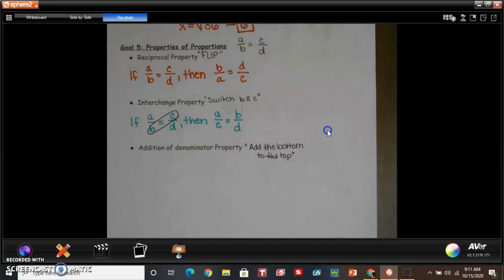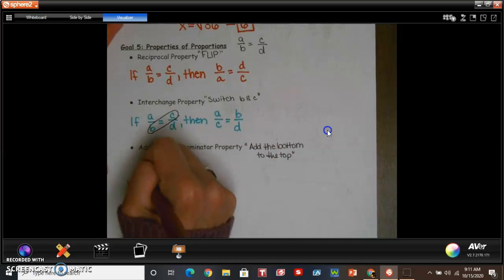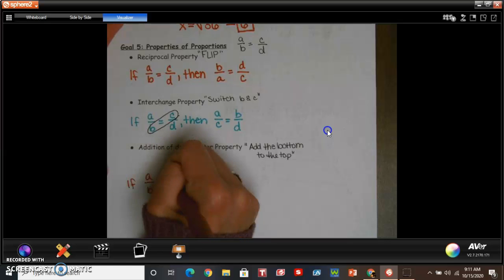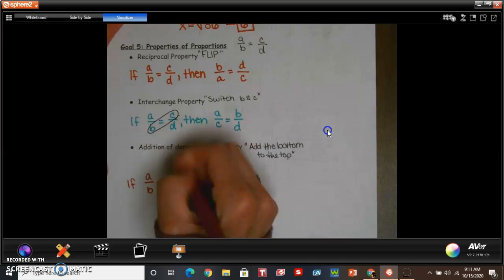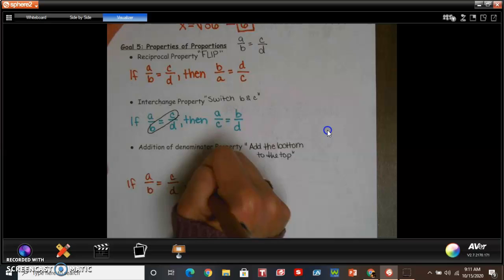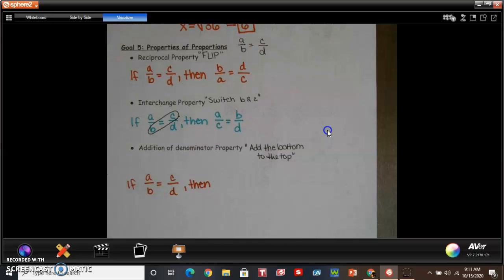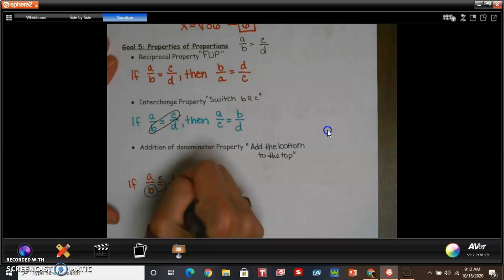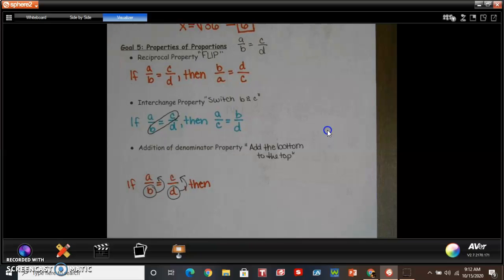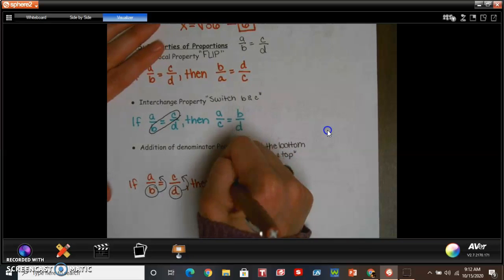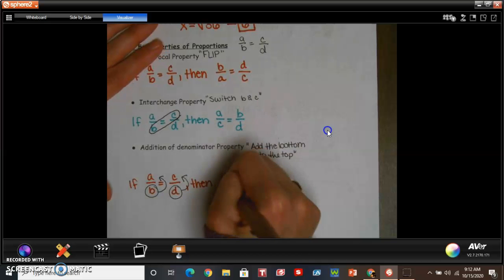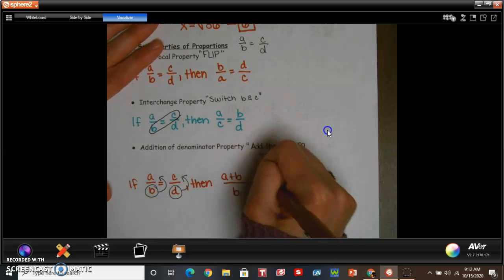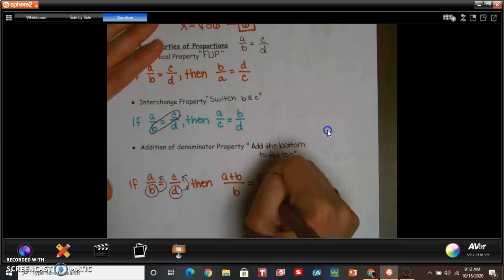So, if A over B equals C over D, then we're going to take whatever's on the bottom, duplicate it, and add it to the top. So it's going to look something like this. We would say A plus B over B is equal to C plus D over D.